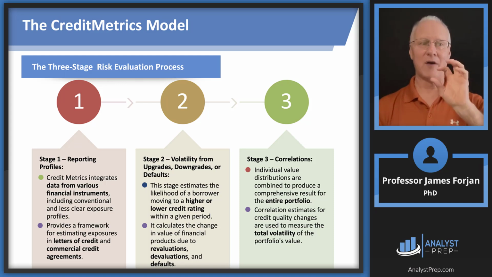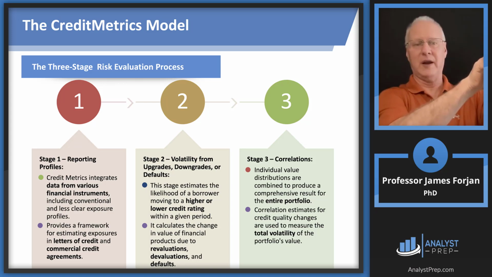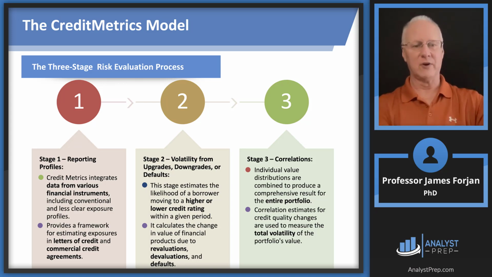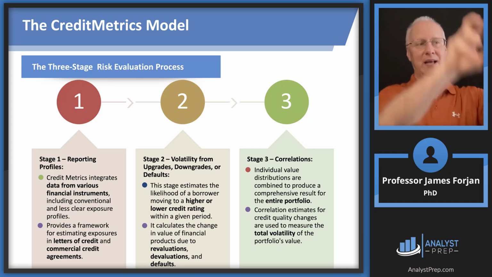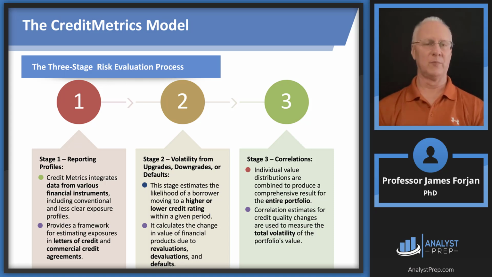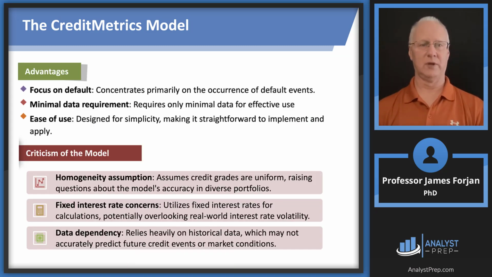So that if we have a bond over here that defaults, and then we have another bond over here that has all the similar characteristics, right? Letters of credit, commercial credit agreements, all those kinds of things. Well, then that thing is more likely to default. Probability of default probably changes, right? So these are 3 different stages, but they kind of go on simultaneously, I think. So I would know those 3 stages for a potential exam question.